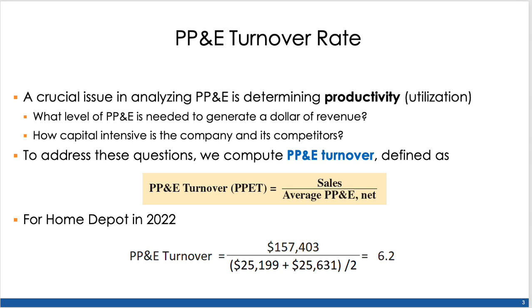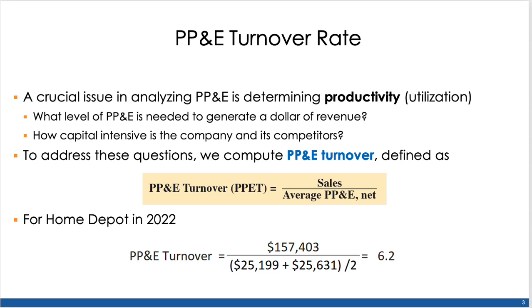What level of PP&E is needed to generate a dollar of revenue, also known as productivity or utilization? Another question becomes, how capital intensive is this company compared to its competitors, and what about the entire industry space? Is it the type of industry that remains capital intensive or not?